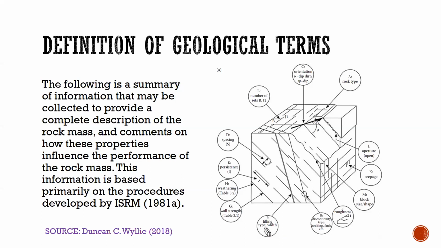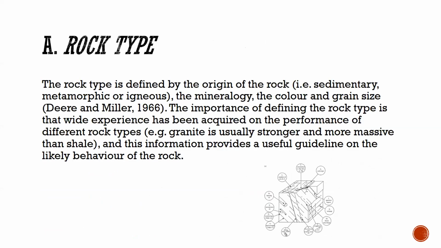First is, on which rock this geological discontinuity is observed. Rock type, whether it is sedimentary, metamorphic, or igneous rock. Rock type is very important. If the rock is very competent, then we have to plan in that way. If the rock is not competent, we have to plan another way.